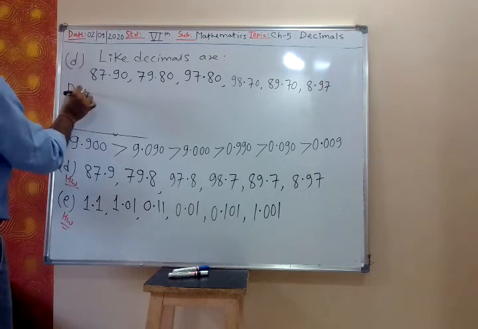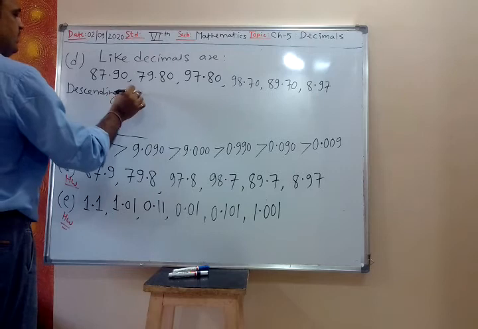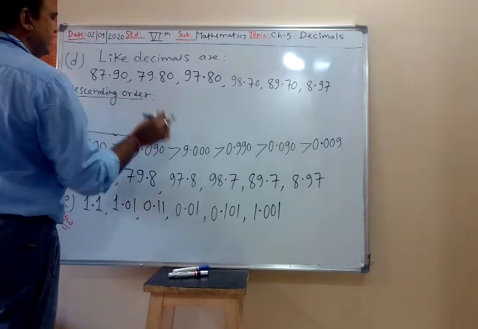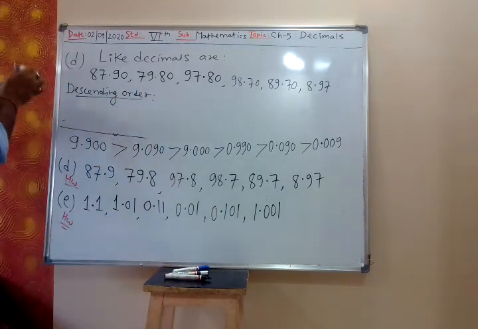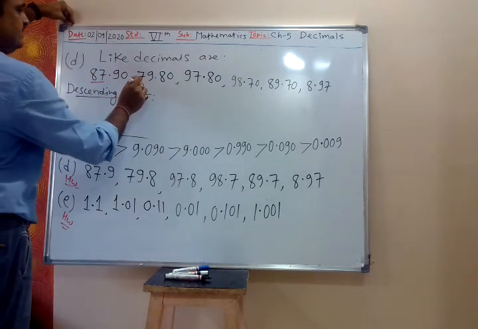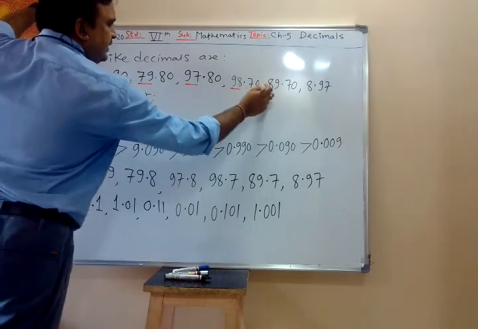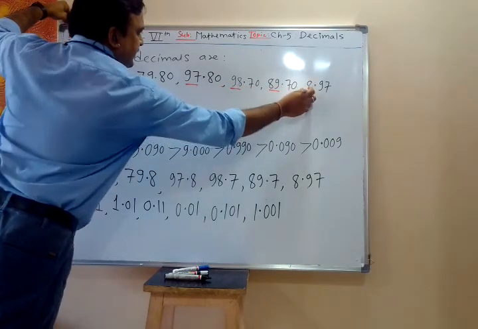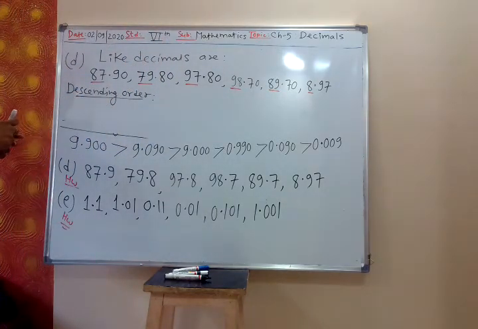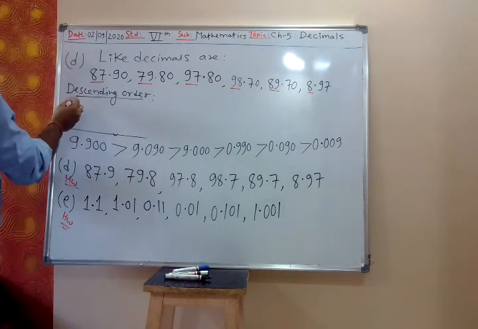We compare the digits from the left. Before decimal it is 87, 79, 97, 98, 89, and 8. Which is bigger? 98. Yes. So we write 98.70.